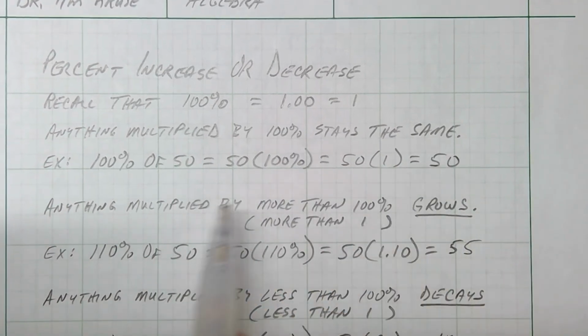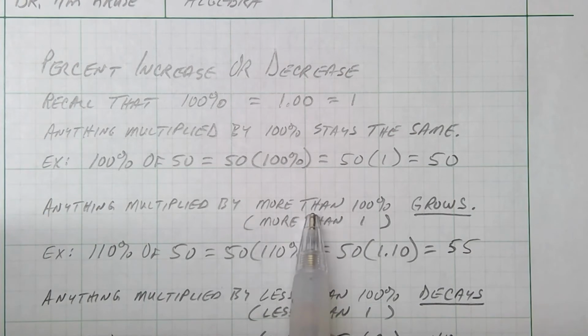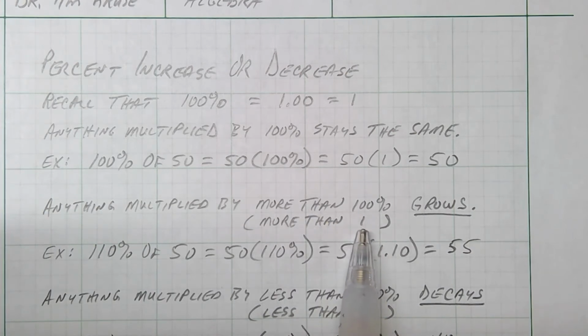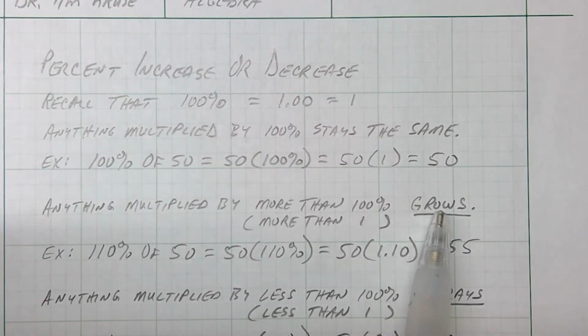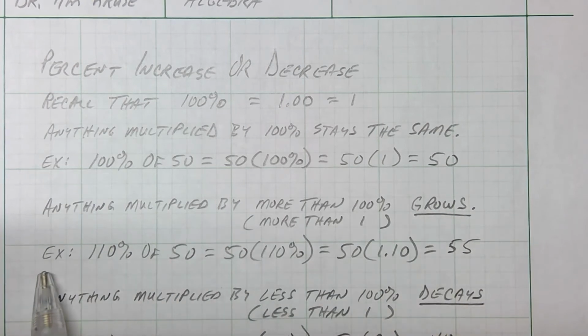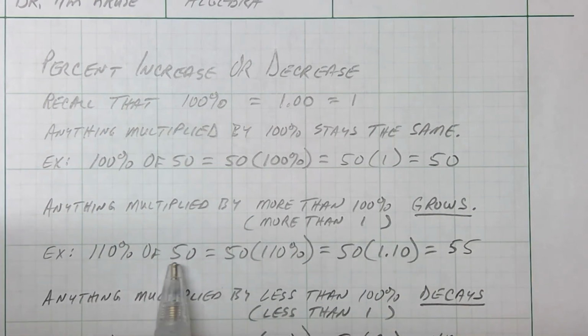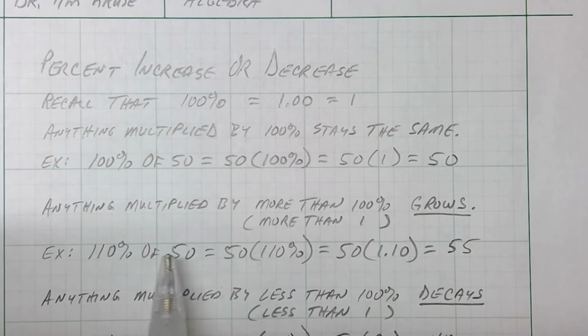Remember that. Now anything multiplied by more than 100%, which means more than 1 if you're speaking decimal, this is percent, this is decimal, anything multiplied by more than 1 grows. For example, if I say, what's 110% of 50? Well, that's 50 times 110%. 110%, if I knock off the percent and move the decimal 2 to the left, that's 1.1.